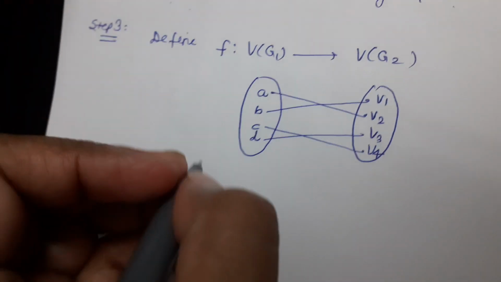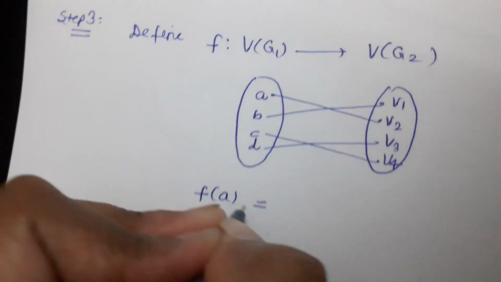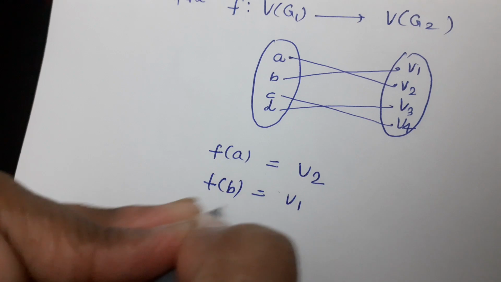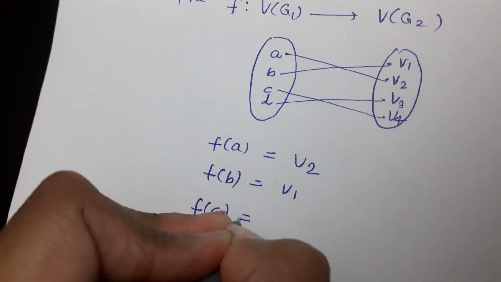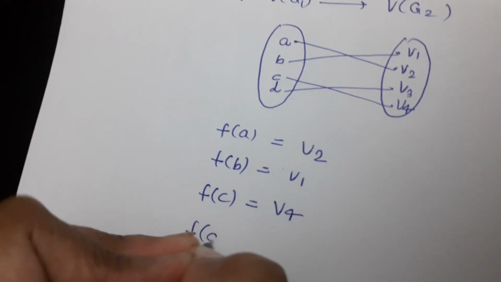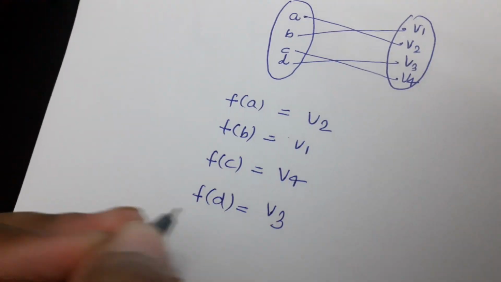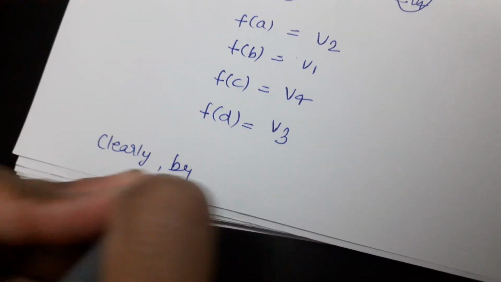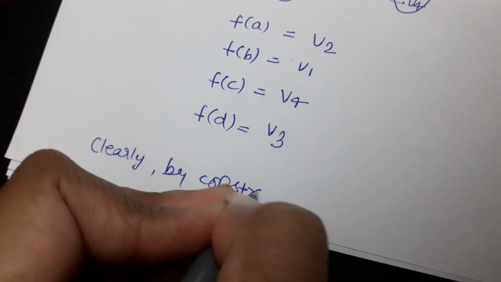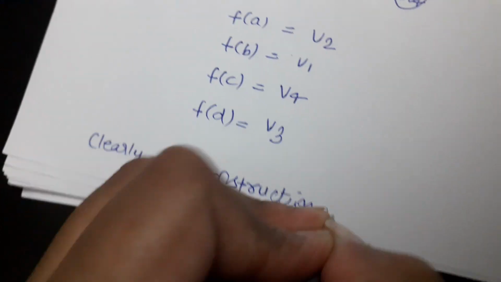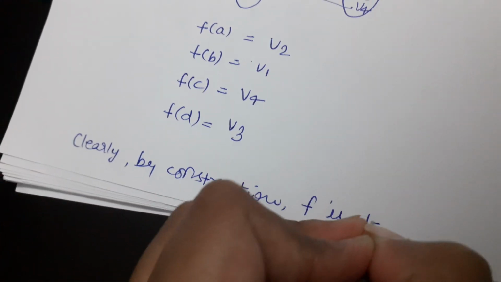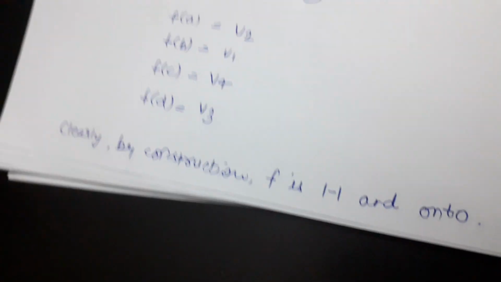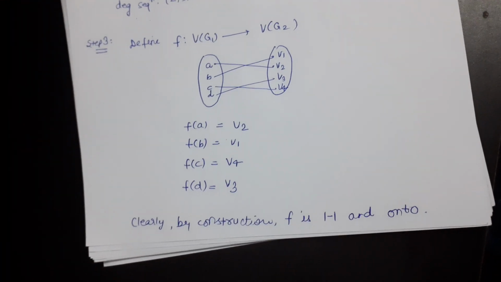That is, f of A is v2, f of B is v1, f of C is v4, f of D is v3. Clearly, by construction, f is 1-1 and onto. Step number 1 of the isomorphism is proved.